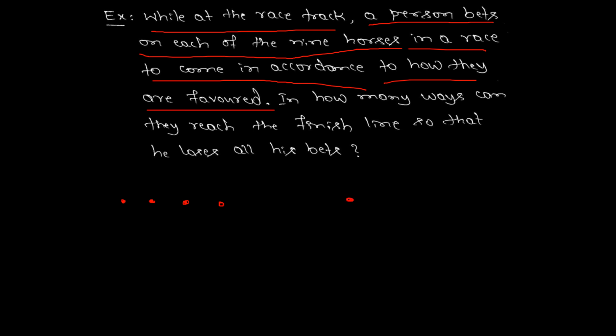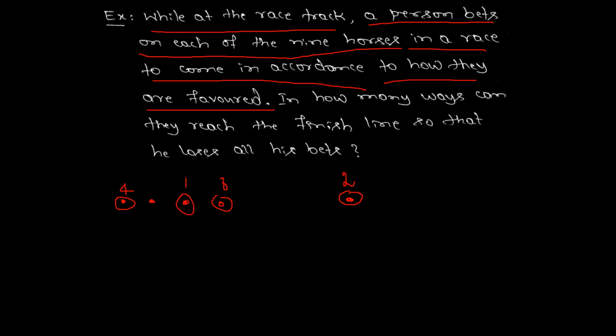Now the person bets that this horse will come in the first place, and this horse, the 9th horse, last horse, will come in the second place, and the other one will come in the third place, and the other one will come in the fourth place, and so on he will bet.